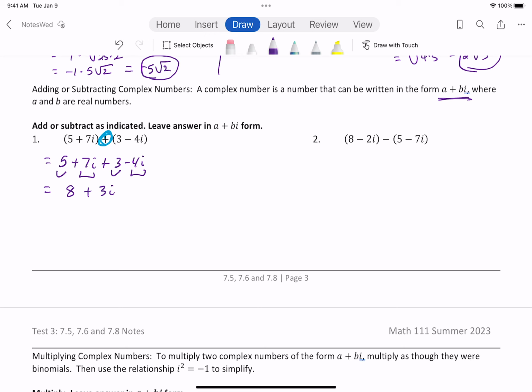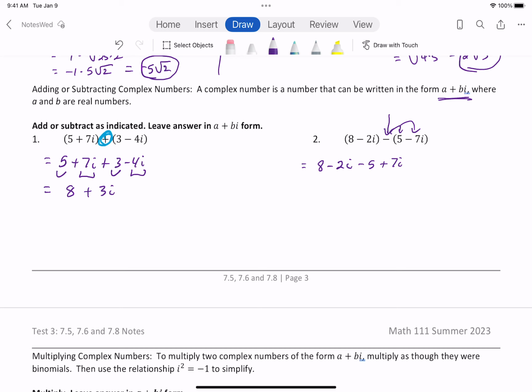Of course, the only difference with a subtraction is we're going to need to distribute that -1 through that second parentheses. So I'm still just going to bring down the 8 minus 2i, but we're going to distribute that negative. So this is going to be minus 5 plus 7i.